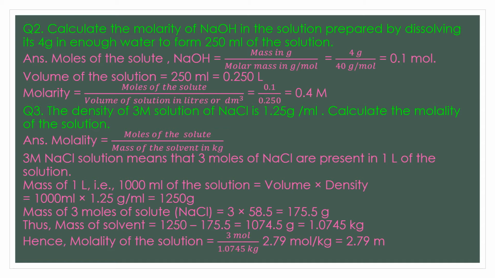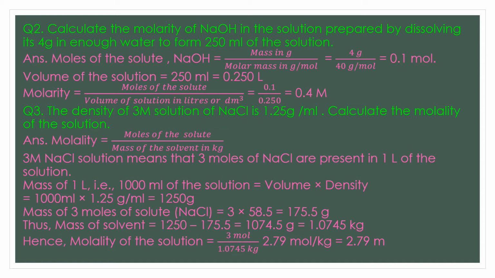So the question is like this. Calculate the molarity of NaOH, that is sodium hydroxide, in the solution prepared by dissolving 4 gram in enough water to form 250 ml of the solution. In the given question, what are the things being given?